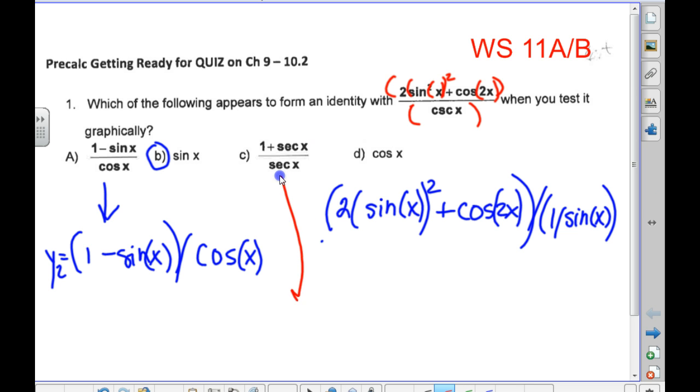And C, if you'd been typing that one in, would have been 1 plus 1 divided by cosine, sorry, not sine, all divided by 1 over cosine.